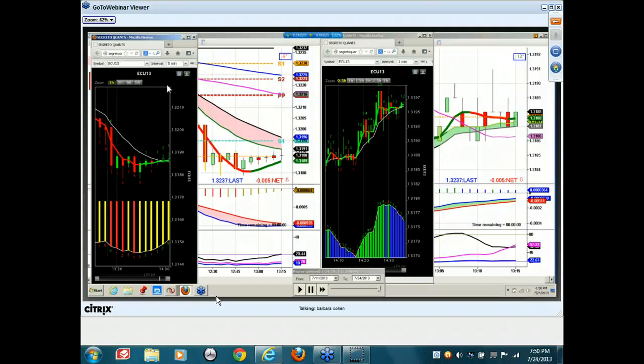Tom, so the blue oscillator equals possible short and green oscillator equals possible long. That's correct. So to repeat, and by the way, you can find this information on the Quant website, the green oscillator indicates buying strength, and you want to look for a long entry, and then the blue oscillators indicate a possible reversal.